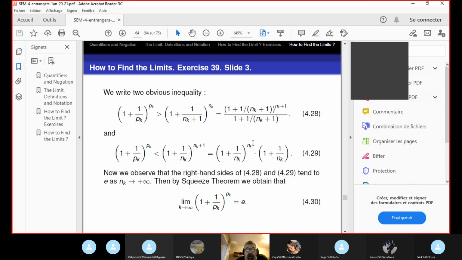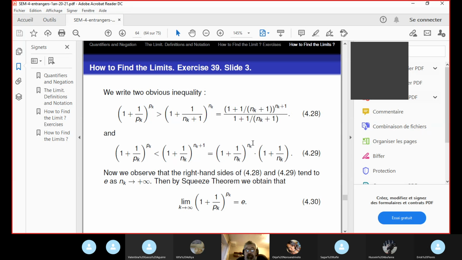But you see, I have that 1 plus 1 over p sub k to the power p sub k is, on one hand, less than something in the inequality 4.29 and greater than something on the right hand of the inequality 4.28.